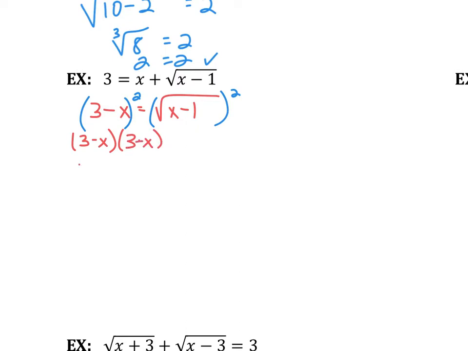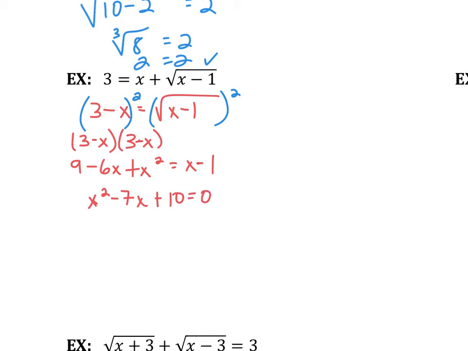But we're going to get 9 minus 6x plus x squared is equal to x minus 1. And then notice that we have a quadratic, so let's get everything on one side of the equation so that we can continue the solving process. So we would get x squared minus 7x plus 10 is equal to 0.